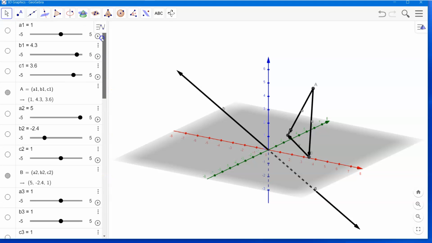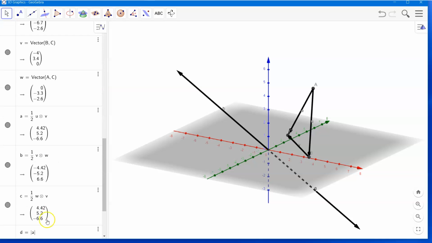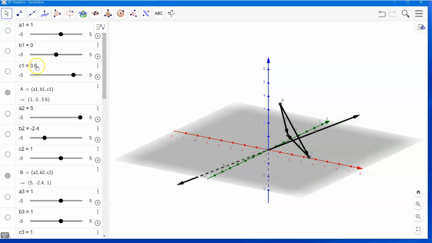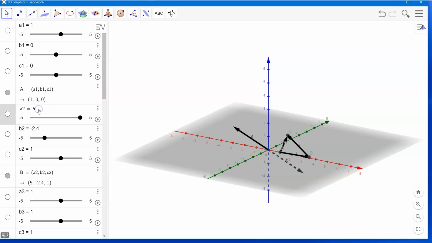Now let's specify some values of A1, B1, C1, A2, B2, C2, A3, B3, C3, for which we have calculated the answer, to figure out whether what we have set up is correct or not. So one set of values that I have is 1, 0, 0, and then 0, 2, 0.